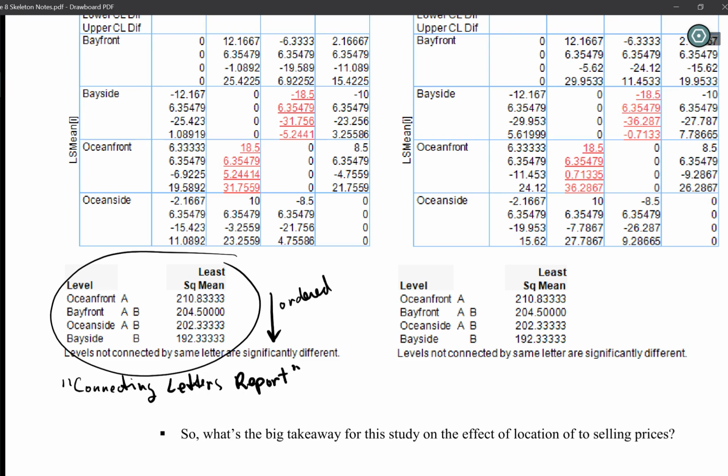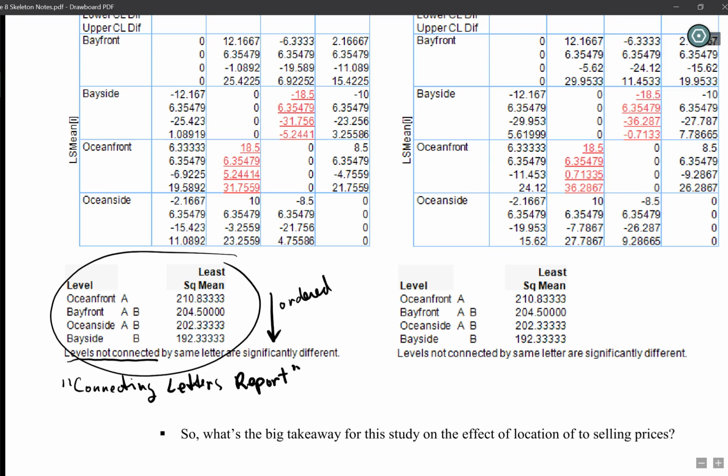And so implicit within this representation are all of those 6 tests. What this tells us is that the levels that are not connected by the same letter are significantly different. The oceanfront mean and bayfront mean and oceanside mean are all connected by the same letter A. So we would not have evidence to conclude that the average selling price for oceanfront is different from the average selling price for bayfront.